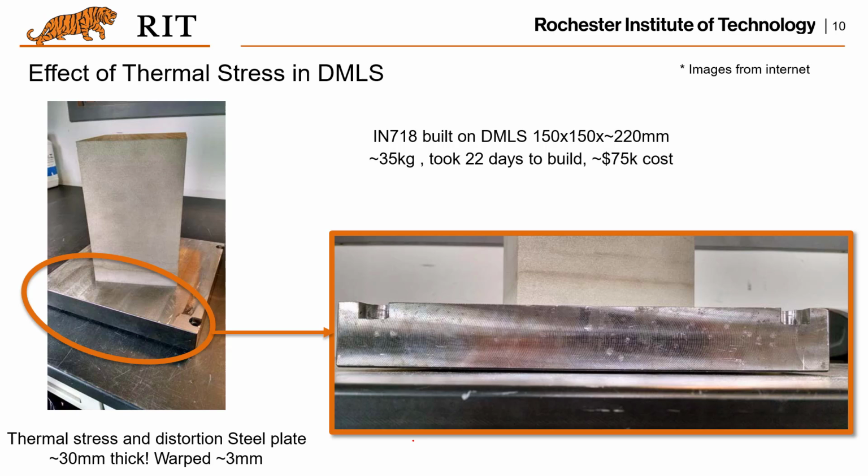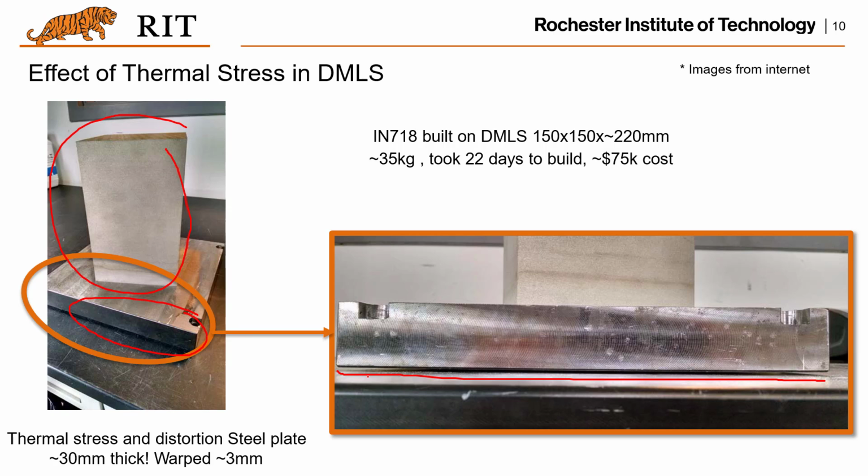So as I mentioned, there will be thermal stress introduced to the part. If you look at this, that's the building plate, this one is the part, and this is the plate.